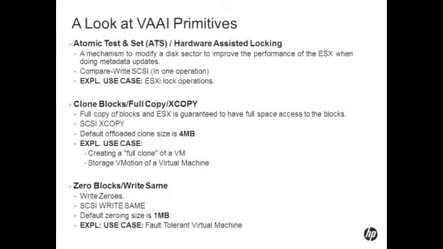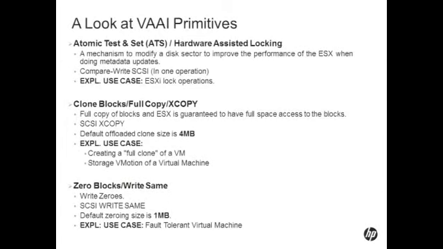So atomic test and set, or ATS, protects the metadata of the VMFS file system, allowing you to scale to a large ESX farm sharing a single data store. And it is done by ATS changing a sector on disk instead of locking the LUN with SCSI2 reservation, because with SCSI2 reservation, normally it requires locking out the concurrent host access.